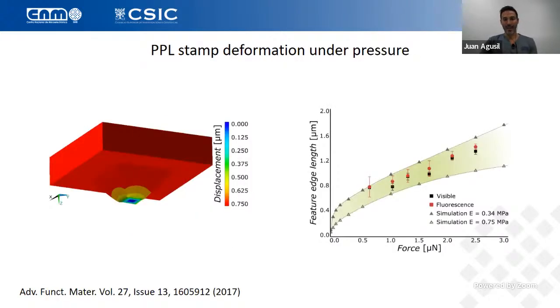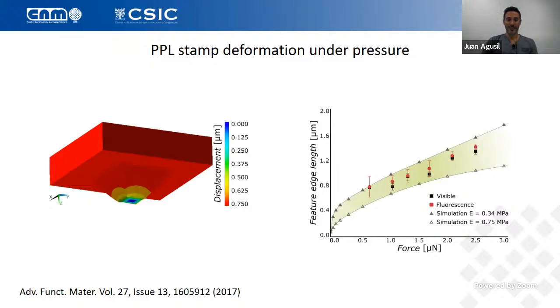Moreover, we studied the behavior of these pyramids under pressure. As you can see in the image on the left, the different deformation of the pyramid generates different contact areas, which translates into different printed features. The simulation that was done between the 2 green lines on the right graph shows the average Young modulus of the PDMS, which is the elastomer material that we are using to fabricate our stamps.